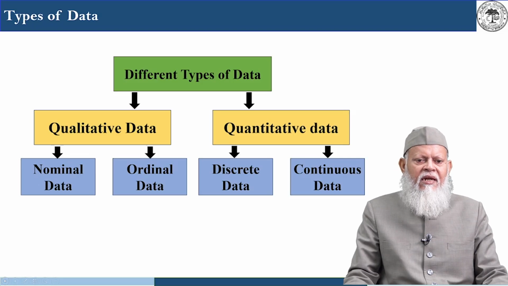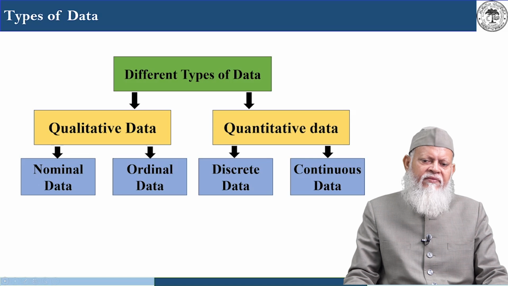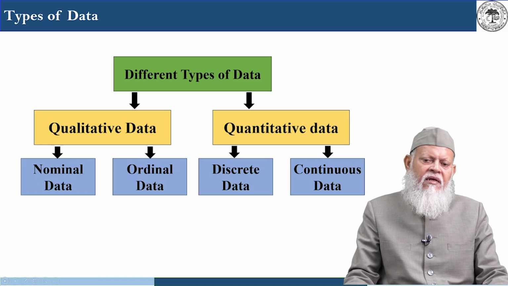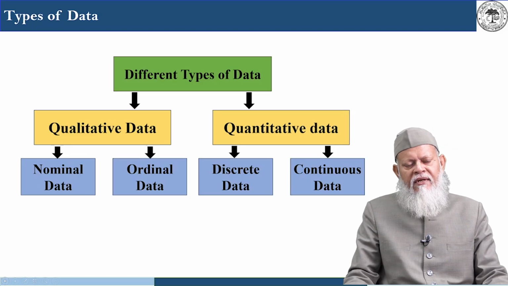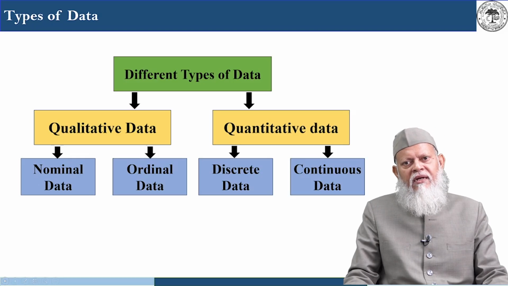First, qualitative data. It is, of course, the data which gives the information in terms of qualitative values, whereas quantitative data gives us the information in quantitative values. It is clear. So, the qualitative data has been subdivided into nominal data and ordinal data.